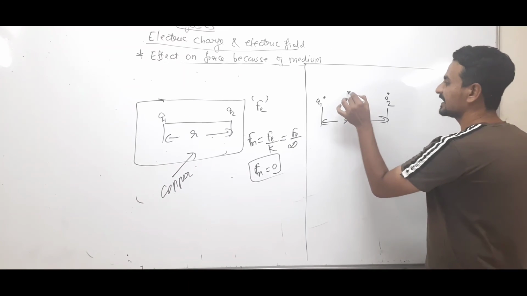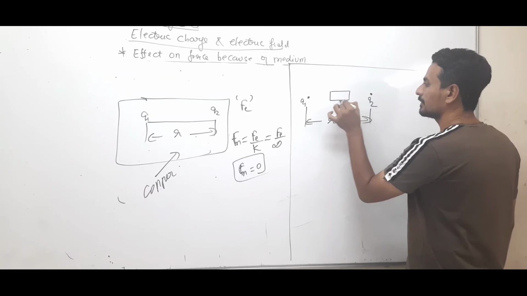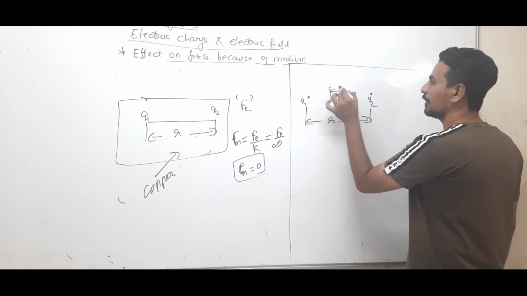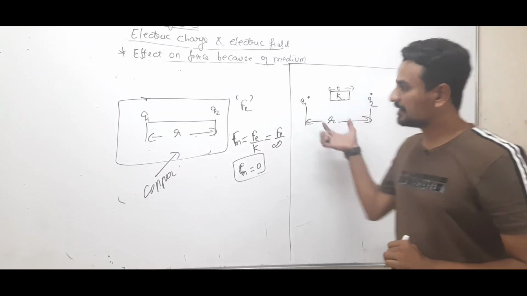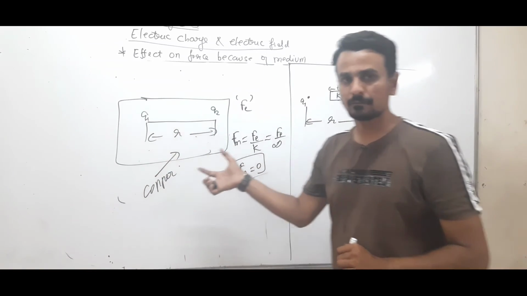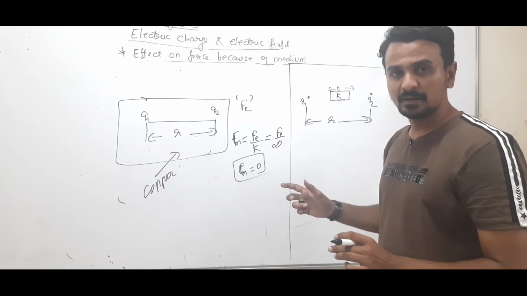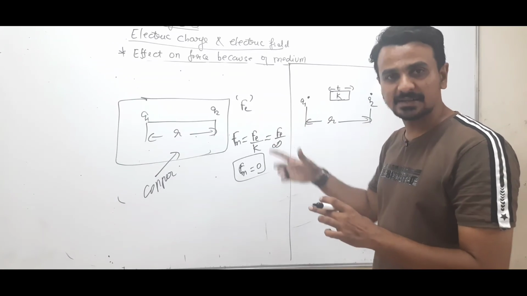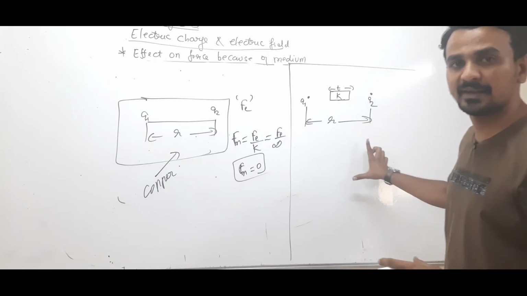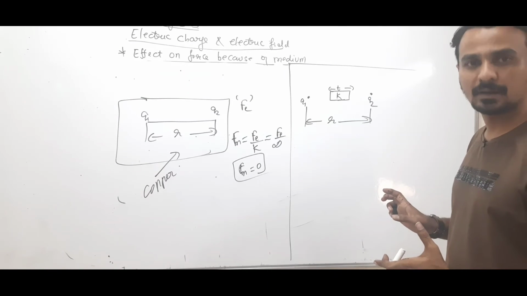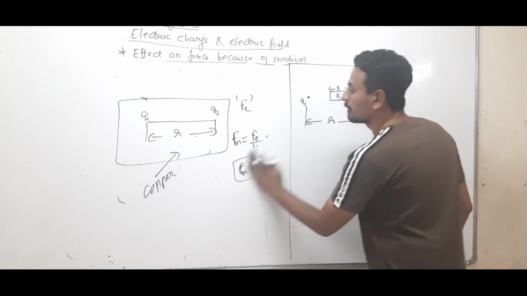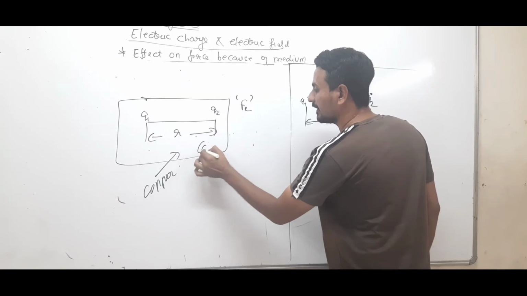Now suppose I am placing a medium of thickness T and dielectric constant K. Now this case is different from this case. In this case we are placing the charges in the medium, and this is a case where between two charges you have placed a medium. Done? So let us say this is case 1.